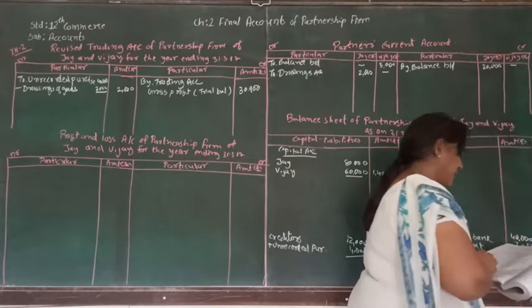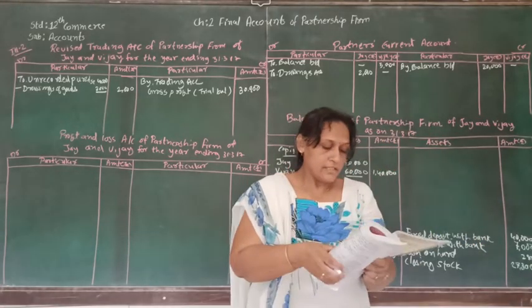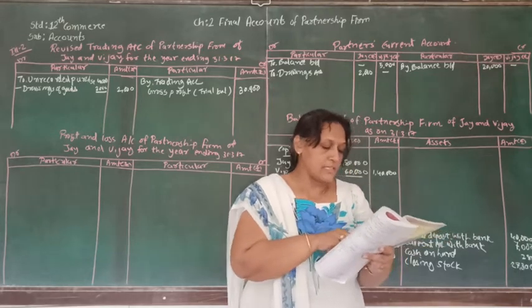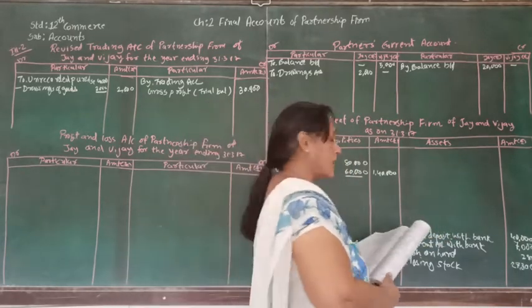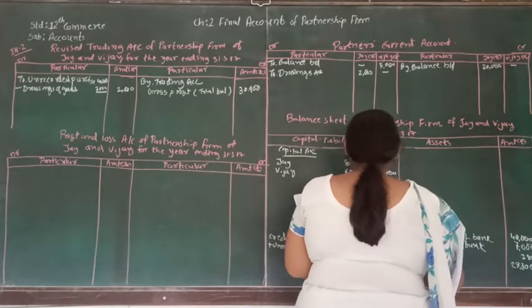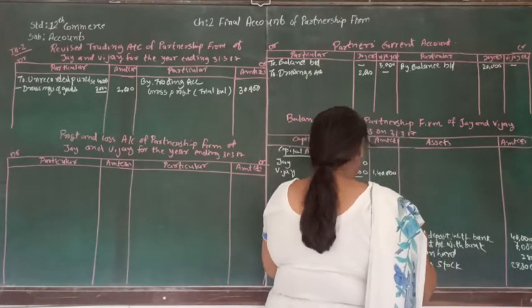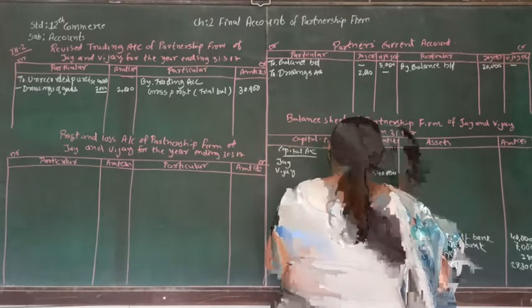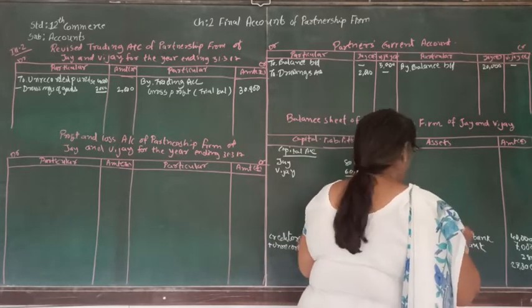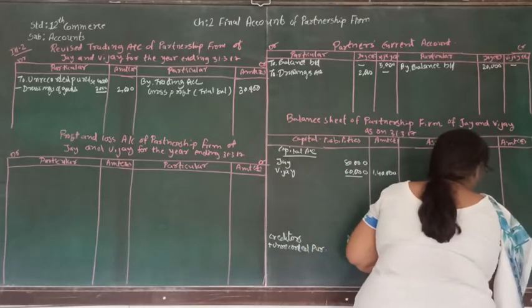After deposit, the other account given to us is debtors. Debtors again we write on the asset side. So let's write the debtors account, and the debtors are 18,400.